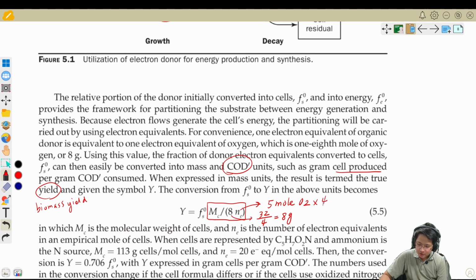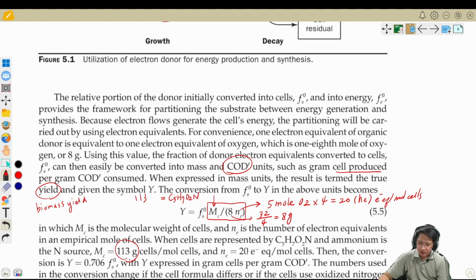So it's times 4 equals 20. So our Ne equals 20 electron equivalents per mole of cells. Okay, so the MC here is the molecular weight of the cells, the bacterial cells. So we're coming from C5H7O2N, so the molecular weight would be 113 here.